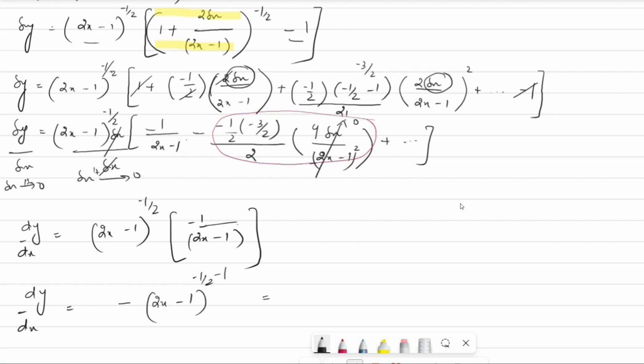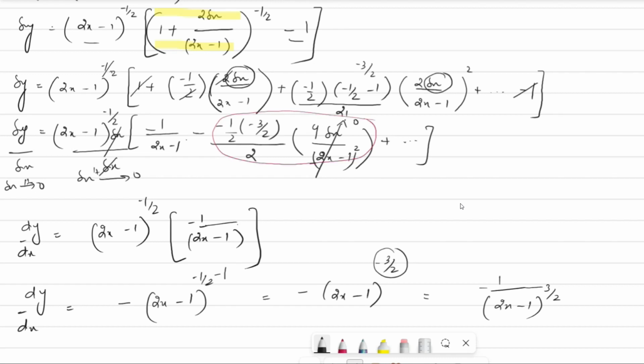That is equal to minus (2x minus 1) whole raised to the power minus 1 upon 2 minus 1, that is minus 3 by 2. Or we can write it as minus 1 upon (2x minus 1) whole raised to the power positive 3 by 2, when this power goes to the denominator it becomes positive. So this is the answer.